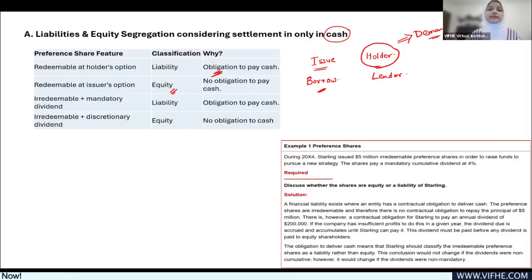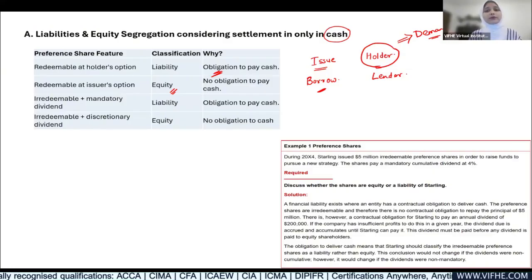There is, but on winding up of the company, not that after 5 years, 6 years, there is a compulsion to pay money. So here also, if the issuer wants, he can make a payment after 5 years, after 10 years, or he could do it on the winding up of the company also. He has the right. At the end, at winding up, definitely he'll have to make a payment, but that's at winding up.